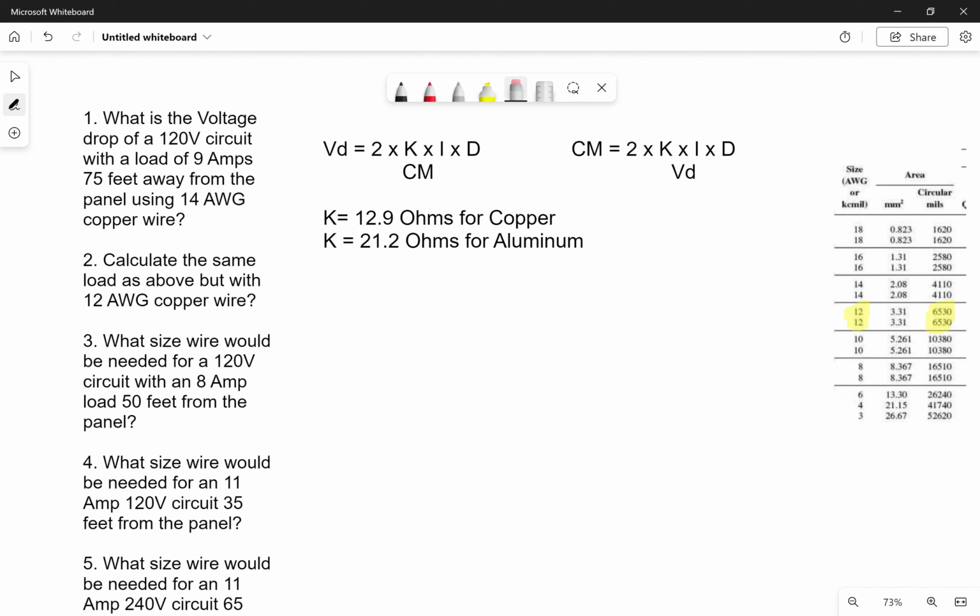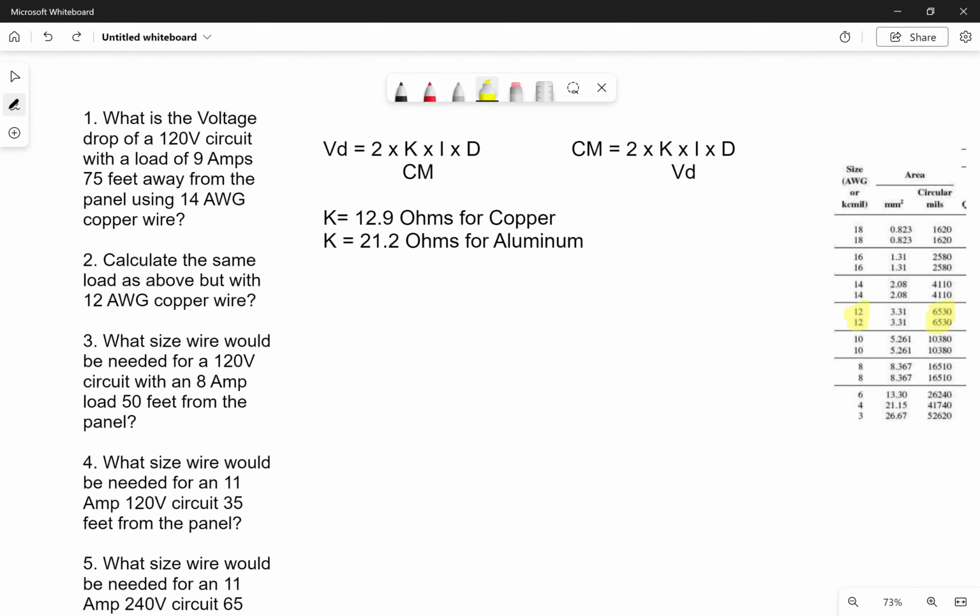We could have plugged that in here. Well, we know that the allowable voltage drop for 120 volts was 3.6 volts. We could have put that in and found the exact wire size that we needed, and it would have come in between 14 and 12. We would have known that we needed to up that to size 12.